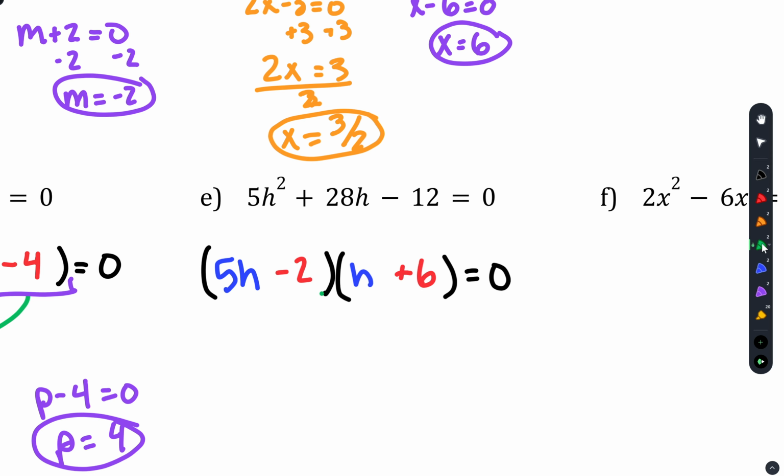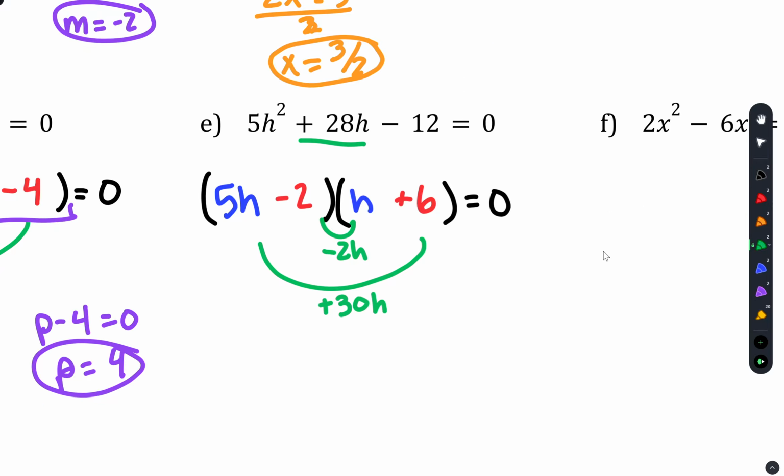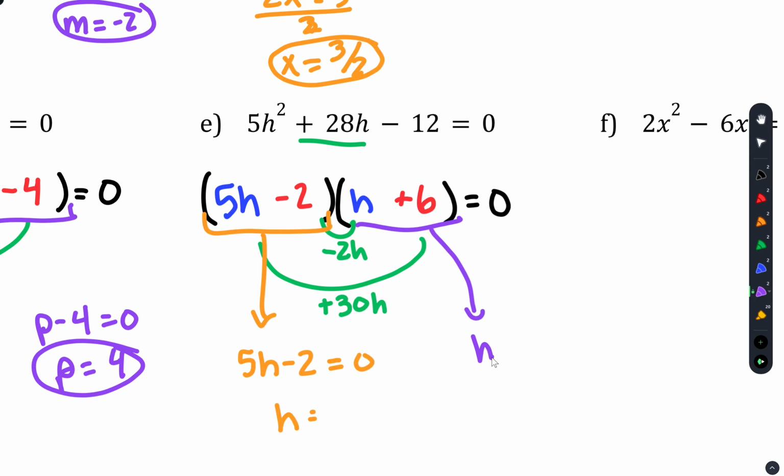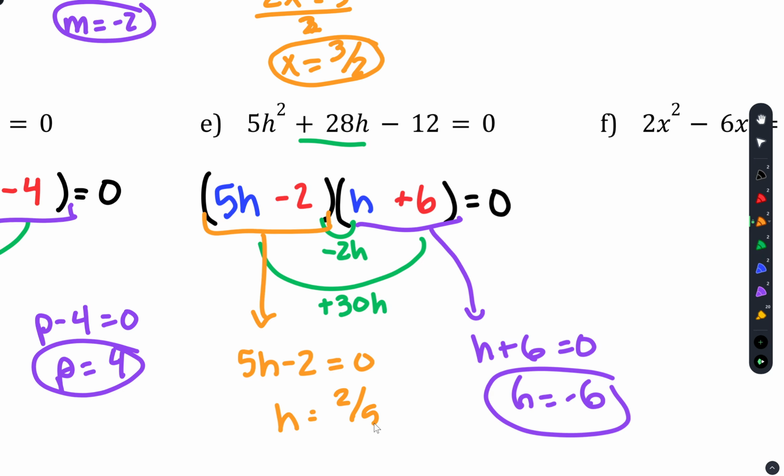No. Yes, negative 2h, positive 30h. Does that get me positive 28? Looks good to me. So I need 2 solutions. What are my solutions? What's the other one? Beautiful. Good? I have one more type of problem to show you.